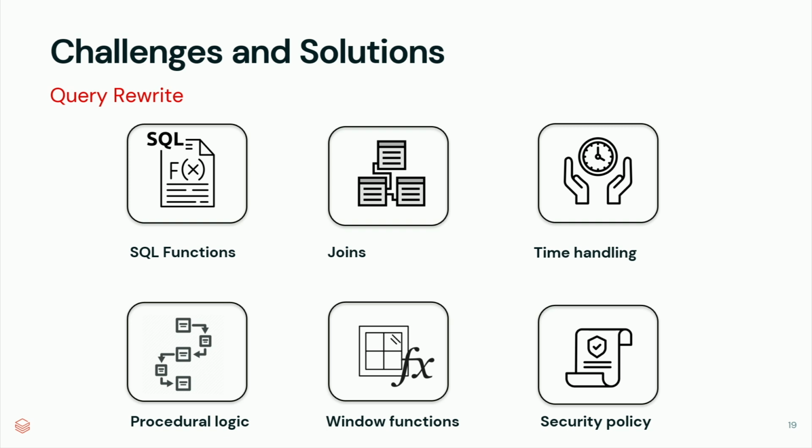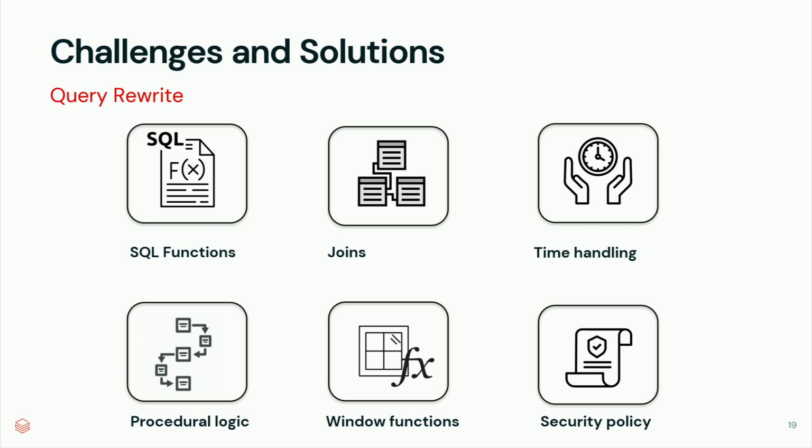So we standardized everything on UTC and created a utility function to manage the time zone arithmetic uniformly across the platform. Snowflake procedural logic, like stored procedures, had no direct equivalent in Databricks. So we restructured it into Databricks notebooks and Delta Live Tables.